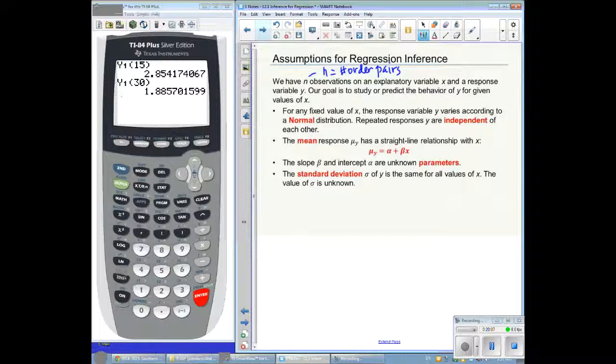So n corresponds to the number of ordered pairs. And our goal is basically to study or predict the behavior of y for any given value of x. And so there are a couple of assumptions that we're going to assume going in, and that is that the response is going to vary according to a normal distribution, and that repeated responses are independent of each other.